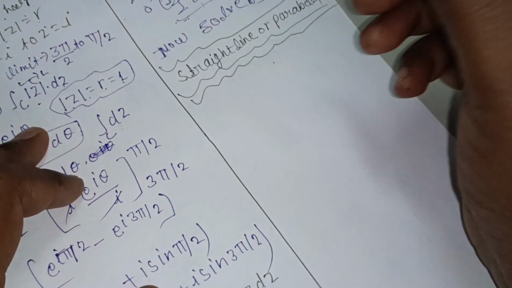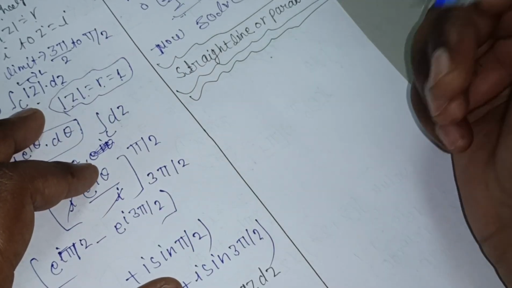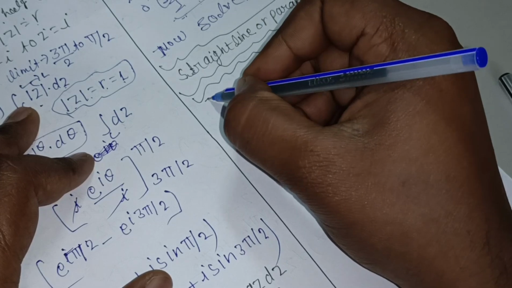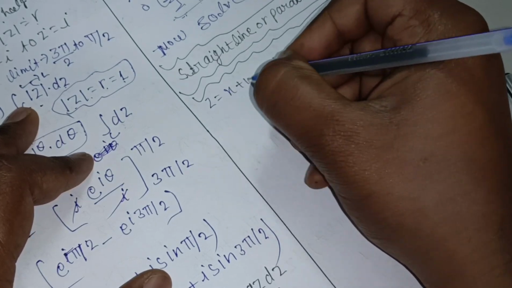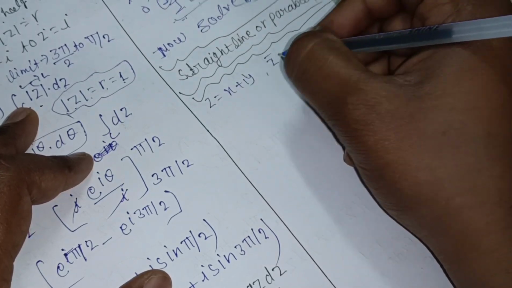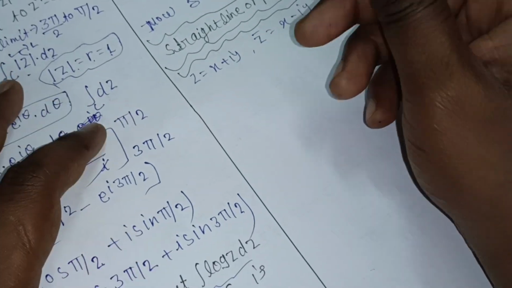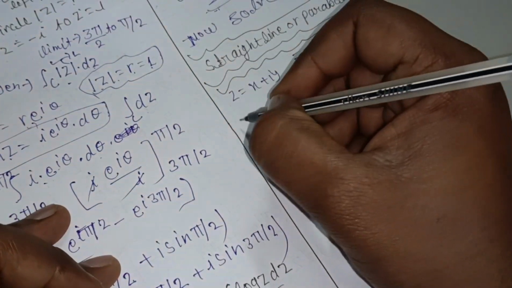So it is straight line and parabola, and there are not so many things. Like I have told you, z can be written as x plus iota y, and z bar can be written as x minus iota y. It's very simple.